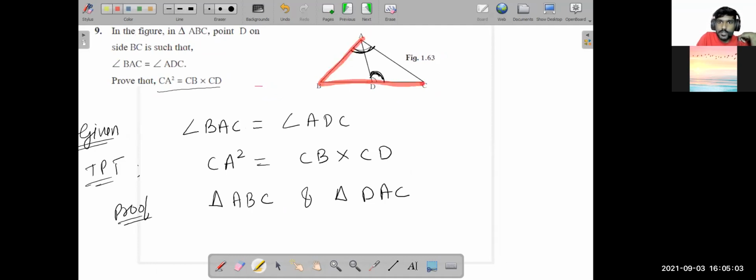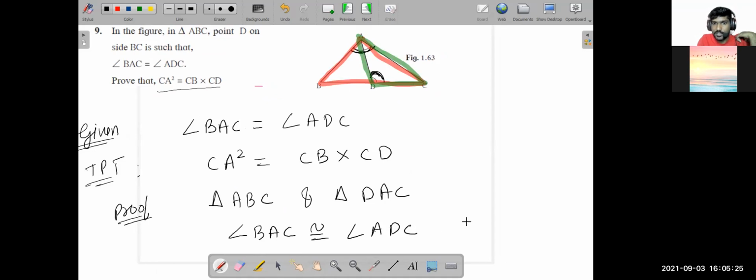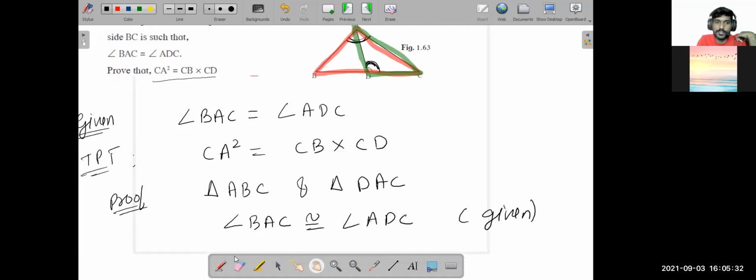ABC is this bigger one and DAC is the smaller one. Now, what is congruent in these two triangles? First, angle BAC is congruent to angle ADC. This is given already. Next, what can you see congruent in these two triangles? Can you see a common angle?